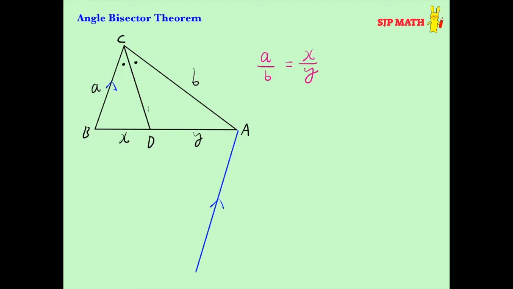And now we're going to extend CD so that it meets this line. Okay. So here we have an extension of line CD and a line that passes through A and is parallel to BC. So we have some imaginary lines here. And we're going to be using these to gain some more information and derive this equation.